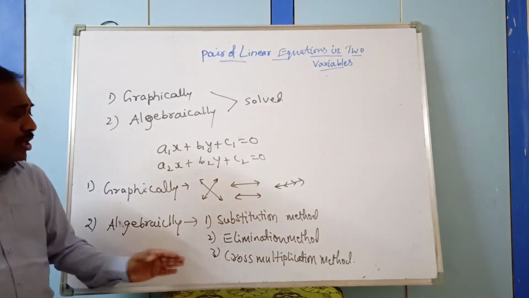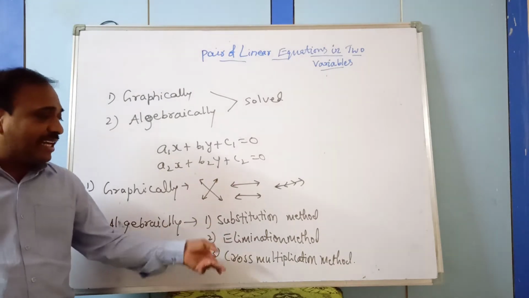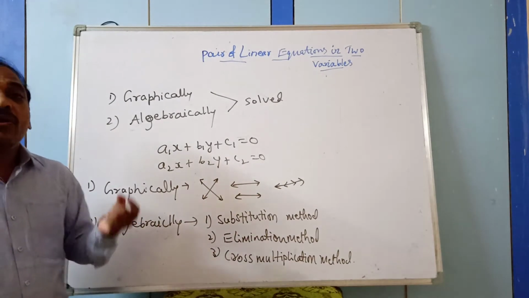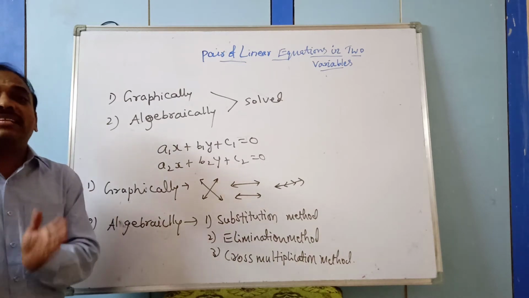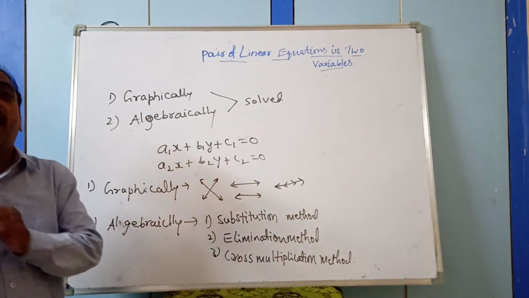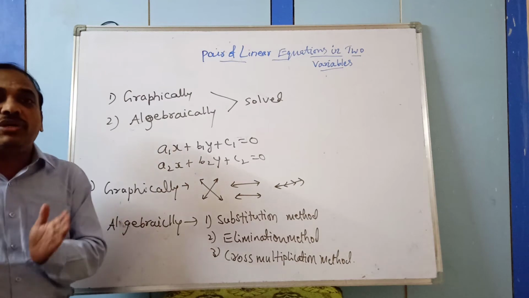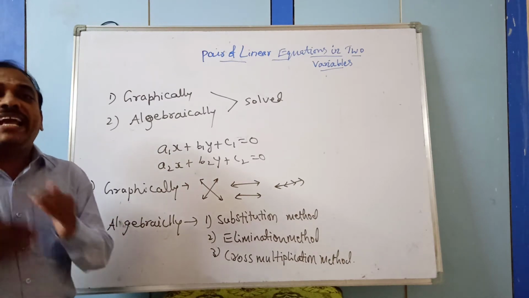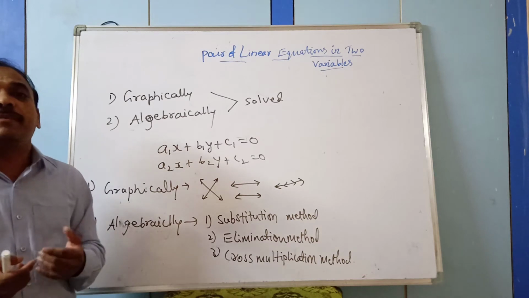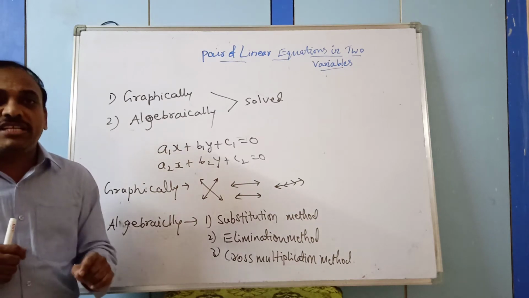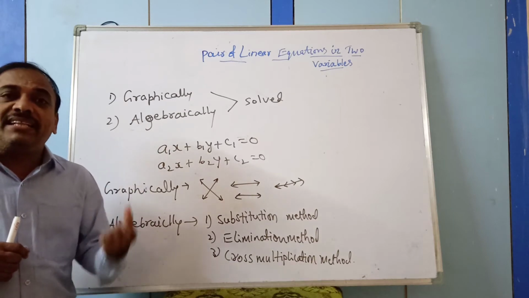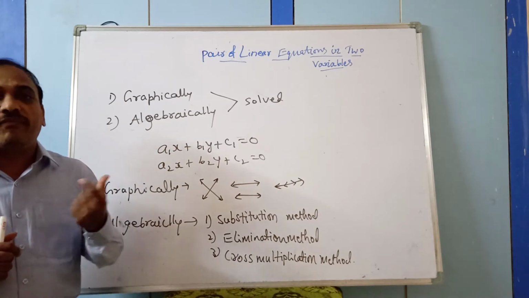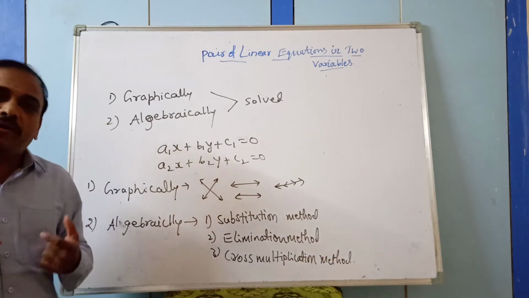So before going to solve by these methods, the substitution, elimination, cross multiplication method, we see whether they have a solution or not. How to find out? By taking the ratio of the coefficients for the given equations, comparing the ratio of the coefficients of x and coefficients of y and the constant values.